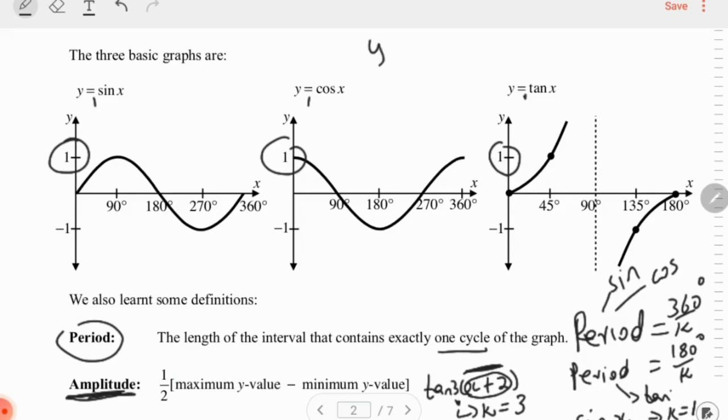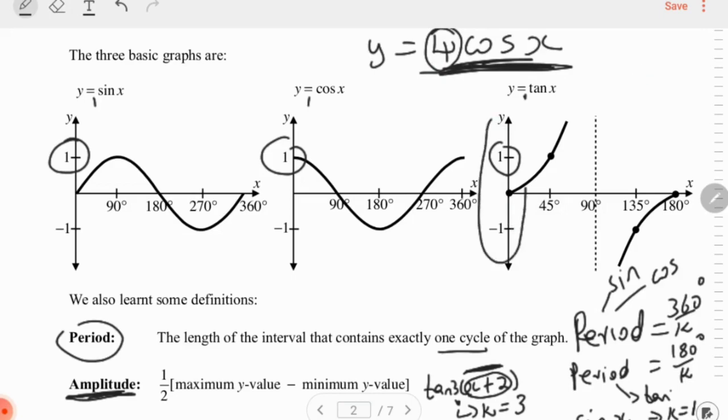What if the graph is y equals 4 cos of x? What is the coefficient of the entire function? It's 4, so that gives us the amplitude. The amplitude also goes with your range. The range is the y-axis from down upwards.